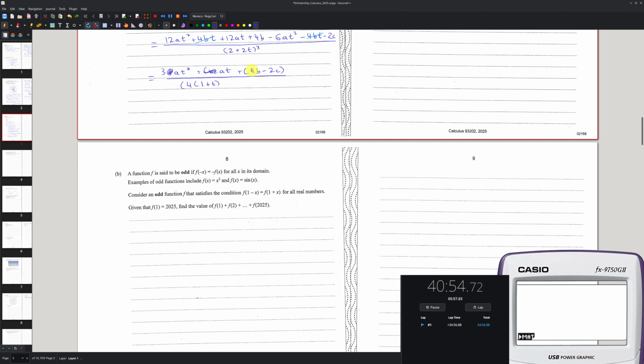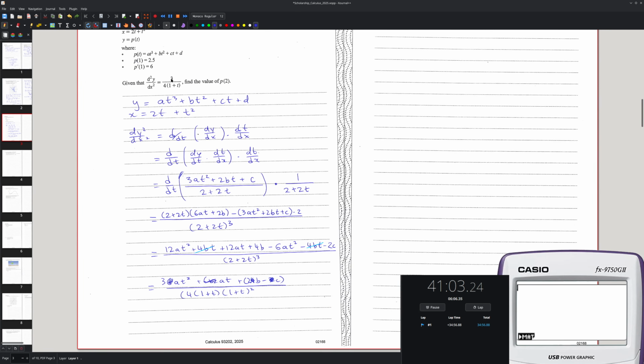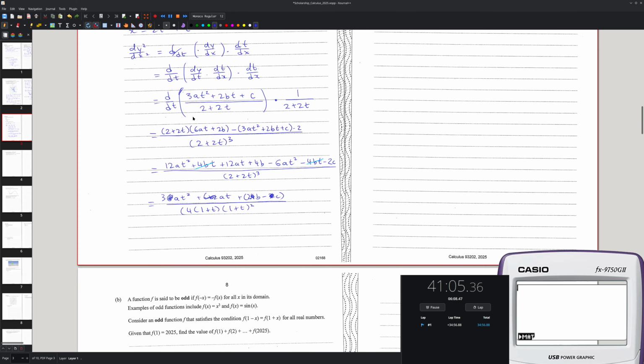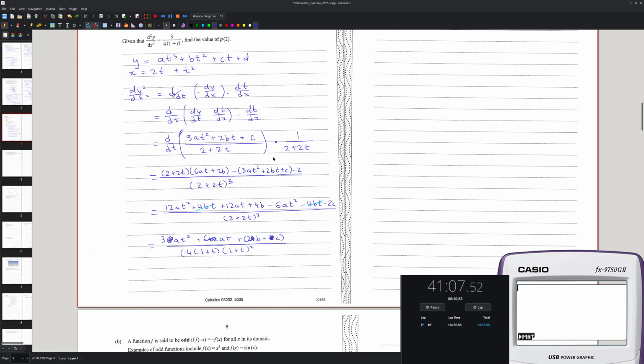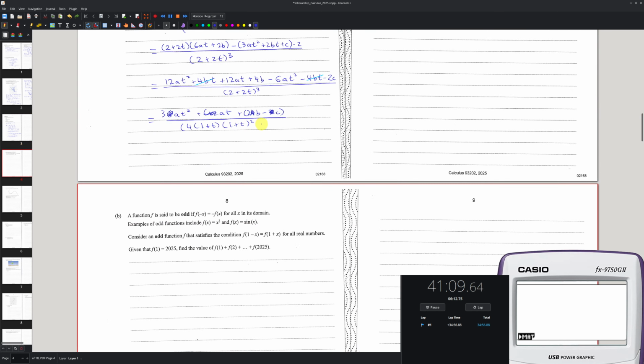2b minus c, over 4(1 plus t) times (1 plus t squared). So then we get this 3, right? So this has to equal 3 over 4(1 plus t), given, right?